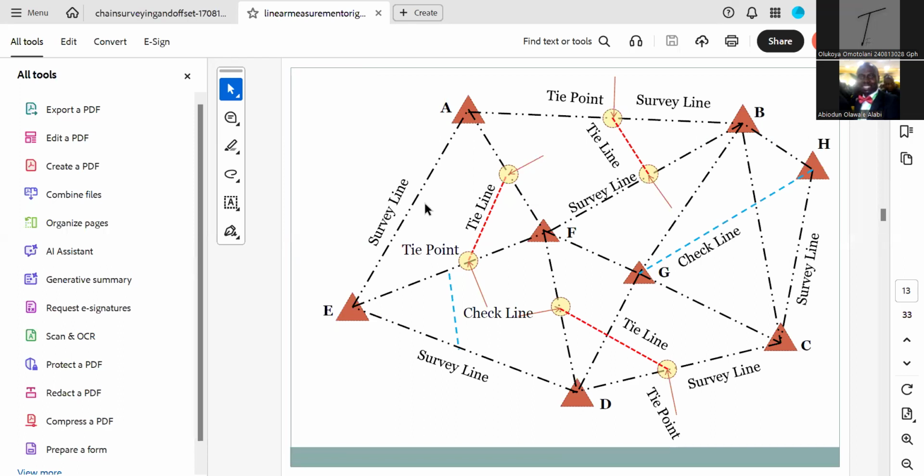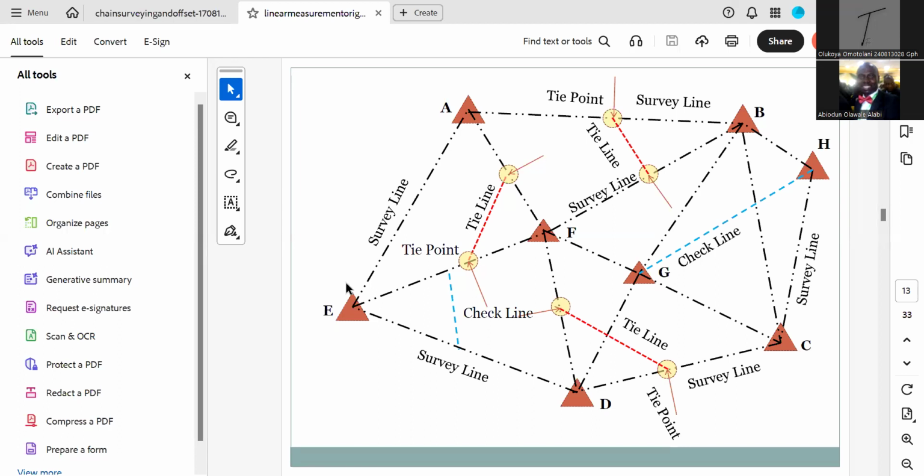But this diagram, because this symbol is a symbol of a main station, is also saying this is a main station, and this is a main station, which I find quite confusing, because from E to F, they are saying station E and F are also main stations, which is not the case.